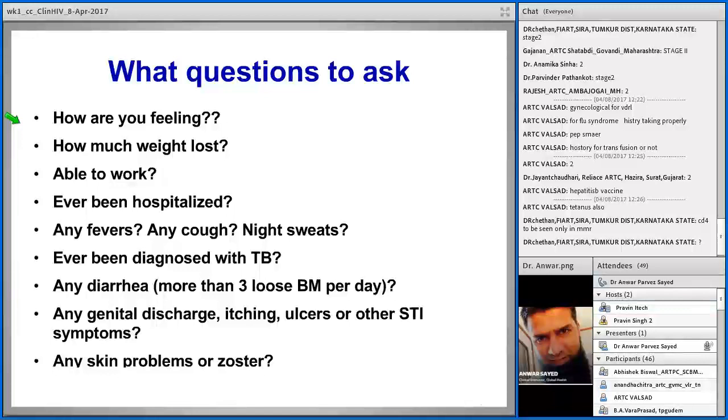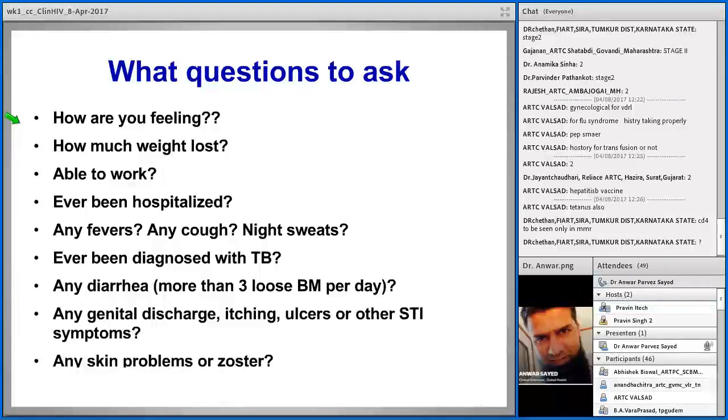Then any fevers, cough, night sweats. These days we do 4 symptom screening of all patients who come to us. So we will do 4 symptom screening here also for TB: fever, dry cough, weight loss and night sweats. Ever been diagnosed with TB? Any diarrhea, more than 3 loose stools per day?